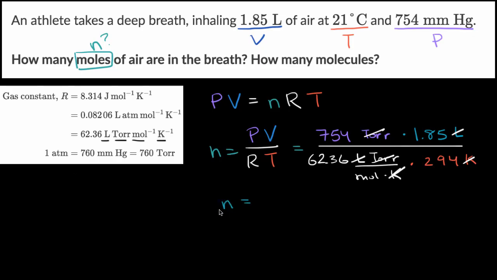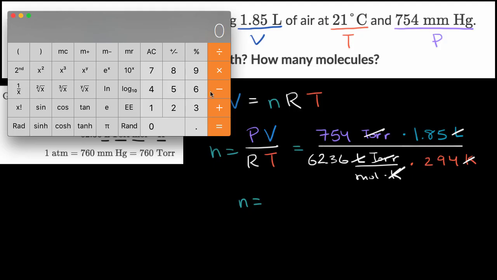So n is going to be equal to 754 times 1.85, divided by 62.36, and then also divided by 294, is equal to this thing. Let's see how many significant digits we have: 3 here, 3 here, 3 here, 4 here.